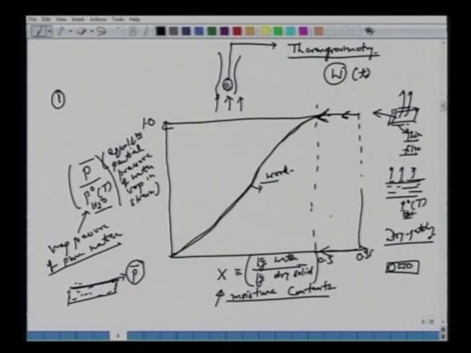After that, now the patches start decreasing. Now this goes below 1, all it means now the partial pressure exerted by this water at the solid surface has gone below the vapor pressure of pure water.